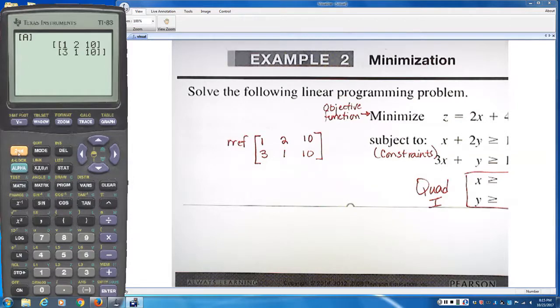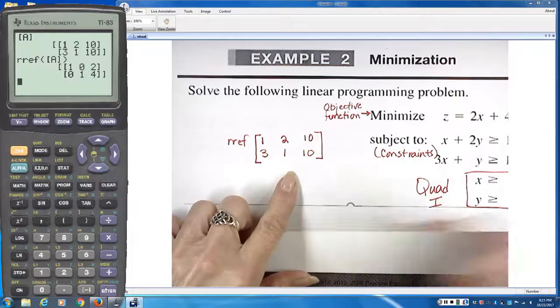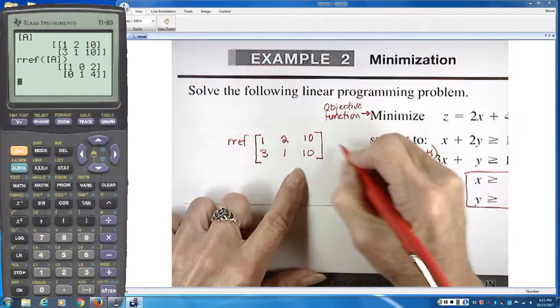Okay, so that looks right. And it says the solution, or the intersection point, is going to be (2, 4).